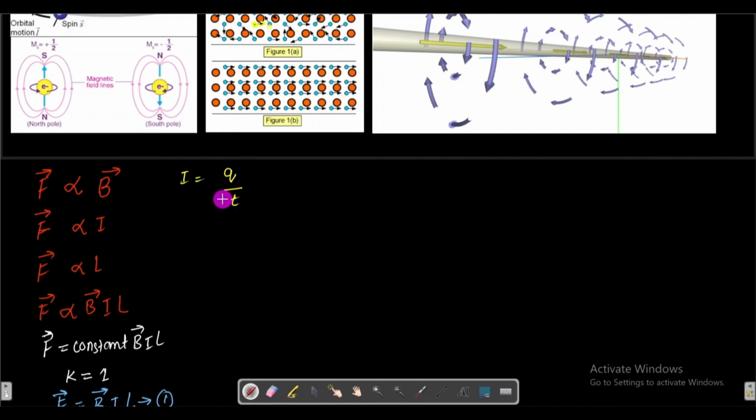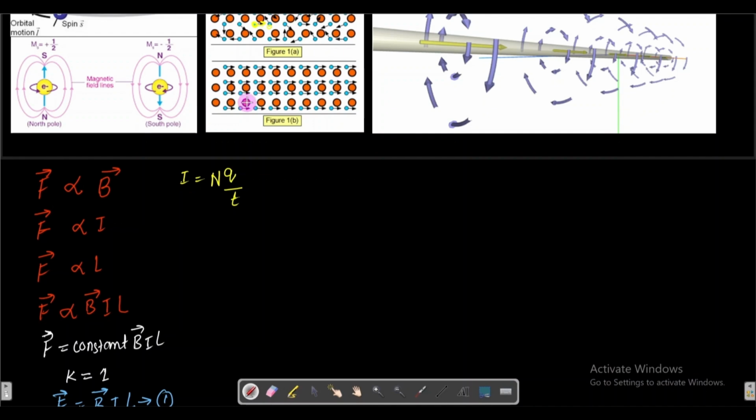This is called the current, and here we have the number of negative free electrons passing through this conductor. So this current is due to the number of these free electrons. So I is equal to NQ by T.